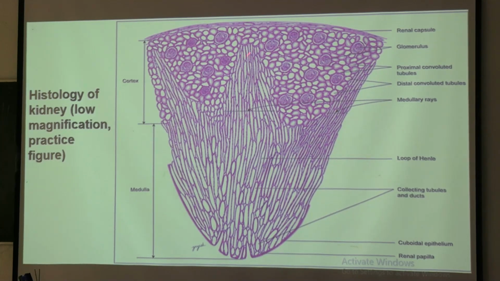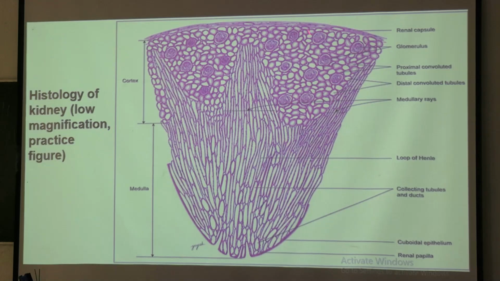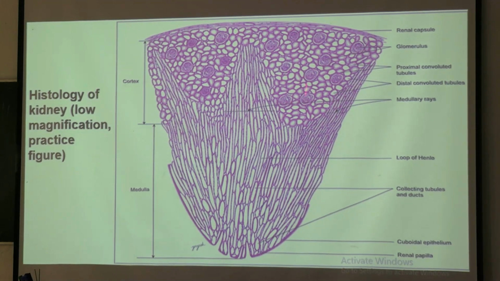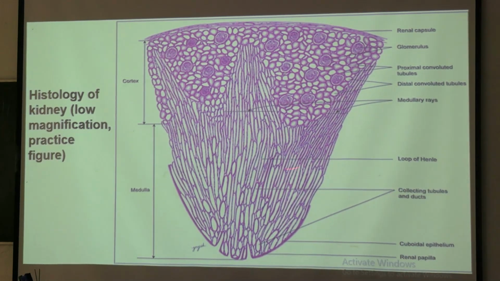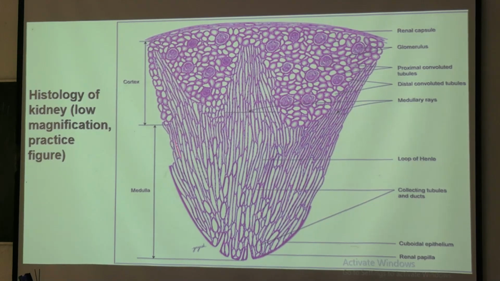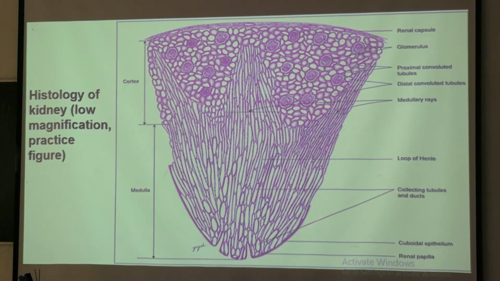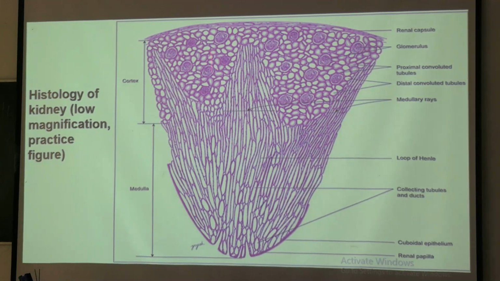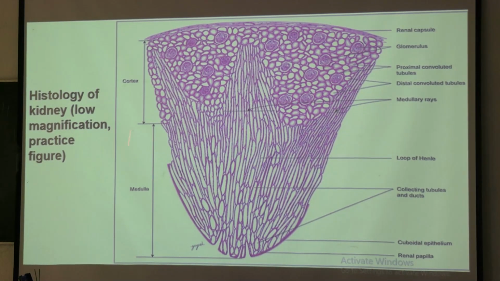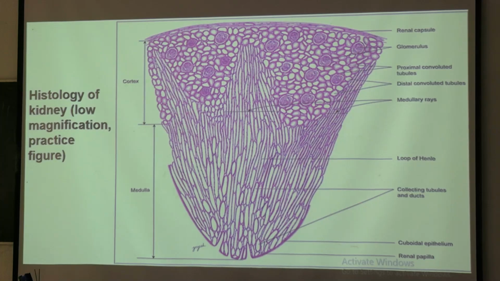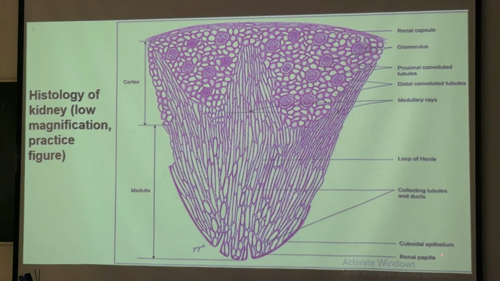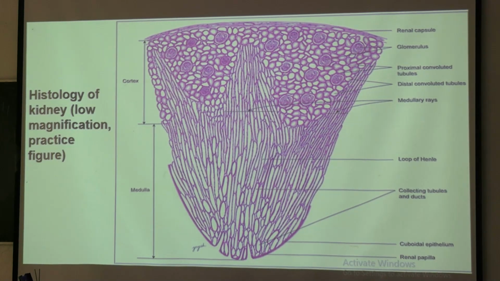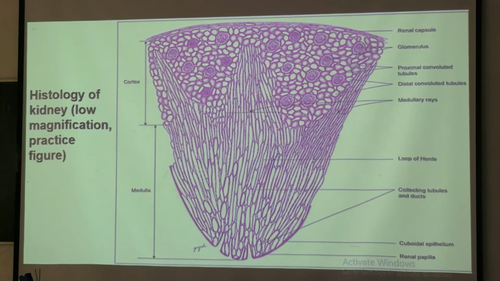So this part is one medullary ray, and the cortical tissue surrounding it forms one kidney lobule, and this is the whole pyramid. Some more medullary rays will be included. The whole of this pyramid and the surrounding cortical tissue together form the kidney lobe. So here we are seeing a part of the kidney lobe. Understood?